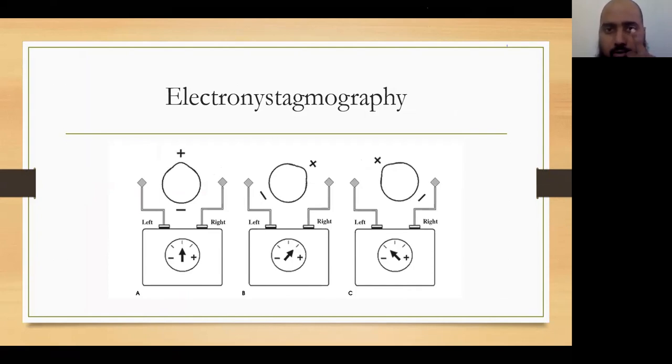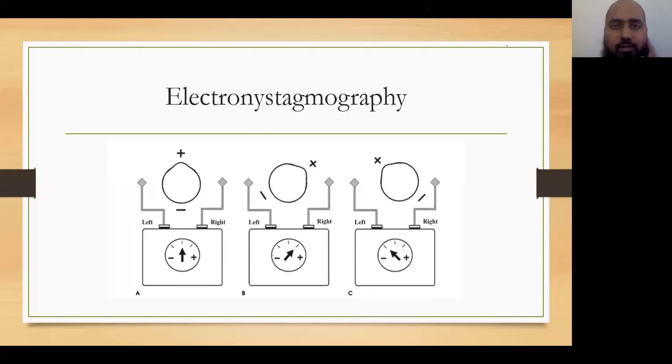If I'm looking straight, as in example A, the front of my eye has positive and the back of my eye has negative charge. Now both the electrodes are recording equal. It doesn't deflect. It is a flat line.